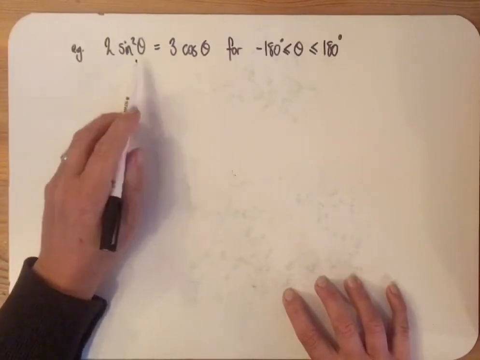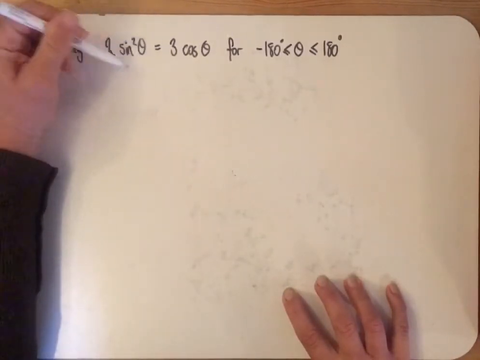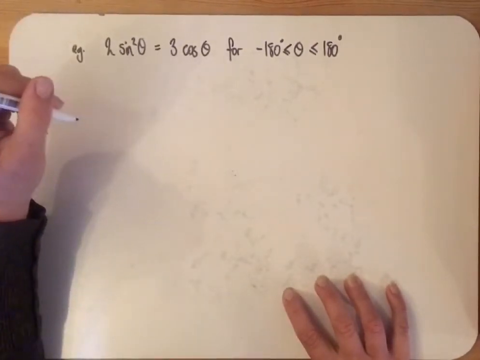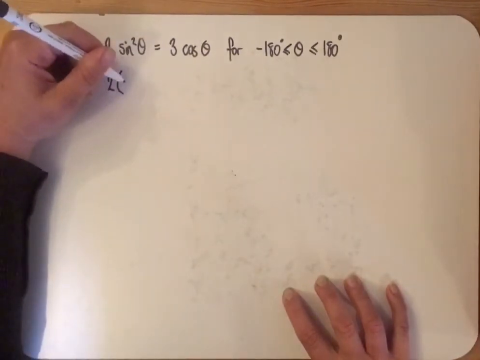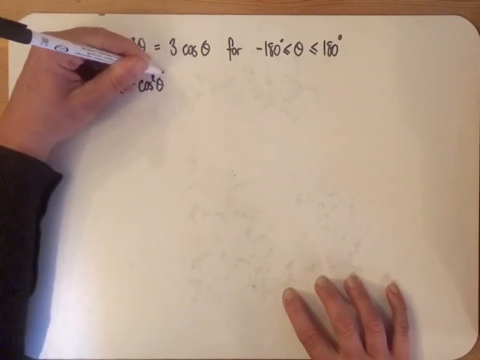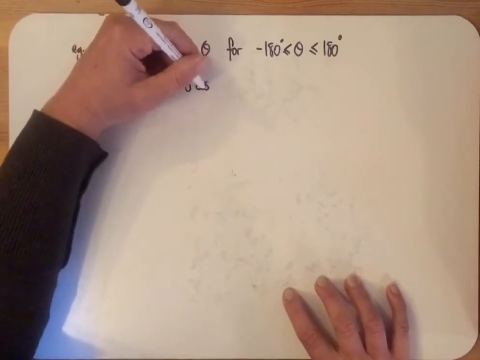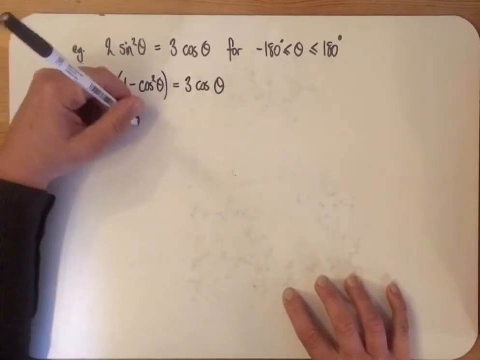So I can't solve this because I've got sine and cos, so I need to convert the sine squared into 1 minus cos squared. So you end up with 2 lots of, so you always convert the one that's squared. Which takes me to there. I can let x equal cos theta.